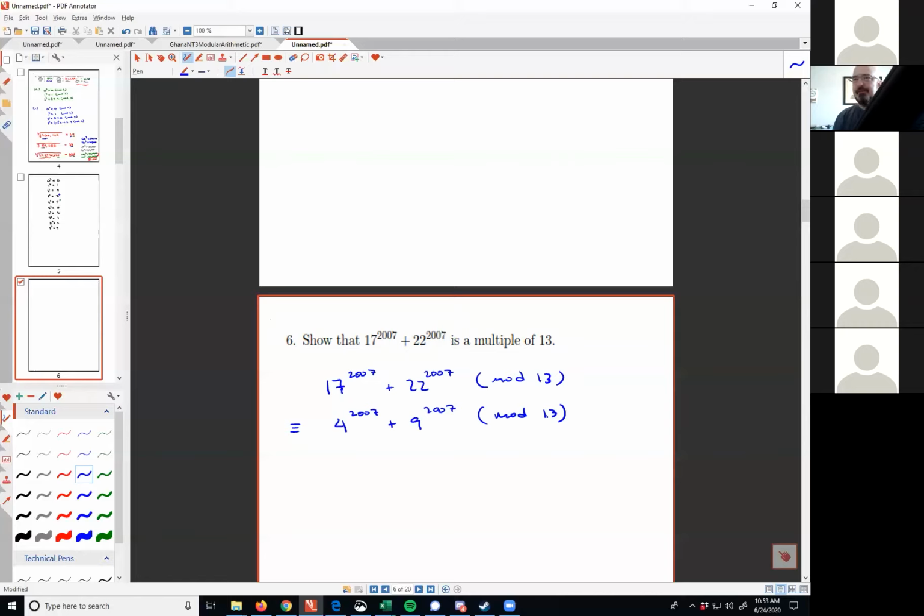What do we notice about 4 and 9? They are perfect squares. That's true. What else do we notice? They're squares of primes. True.